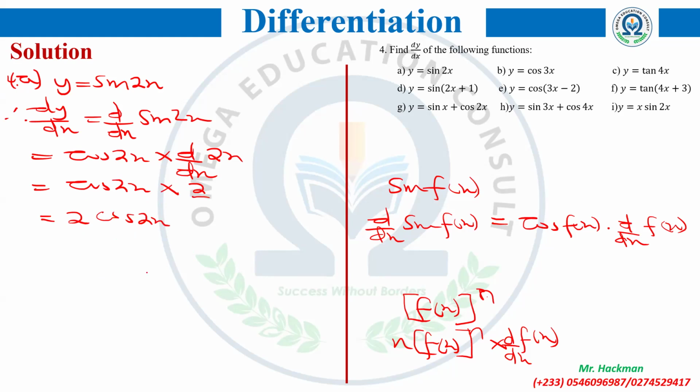So it means, again, if I look at the B, if I have y is equal to cos 3x, what I'm taking cos of is not a simple function, it's not x. It is 3x. Even if it was x plus 1, you can see that though the coefficient of x is 1, what is being added is not 0. So it's still a composite function.